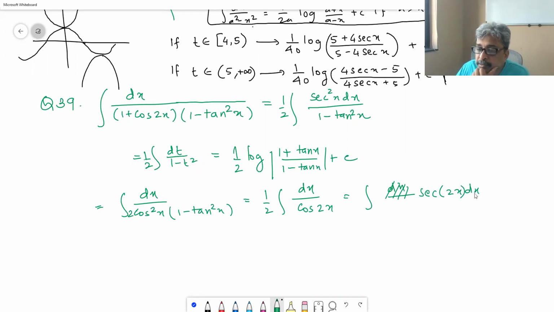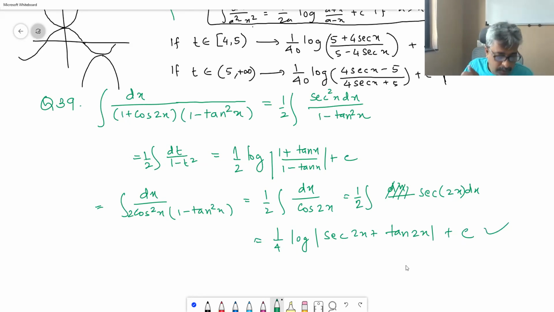Oh, good. So if you want to write it as d2x, then that becomes 1 by 4. So what is your answer? 1 by 4 log sec 2x plus tan 2x plus c. That is also correct. Good.